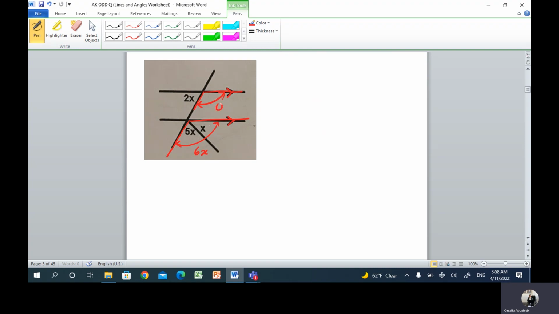So let me call this angle theta. Then we're going to say that theta is equal to 5x plus x, and theta is equal to 6x. Why? Because corresponding angles are equal.